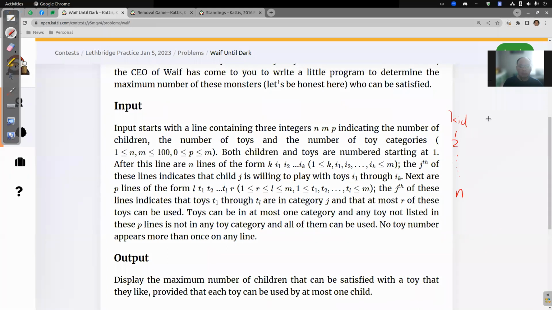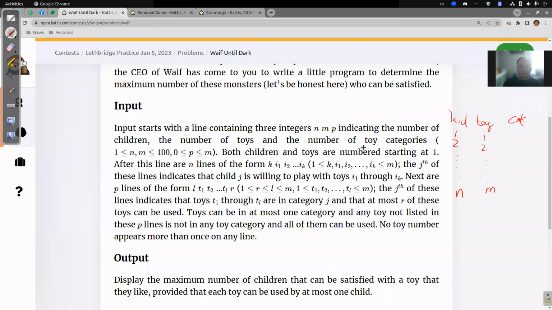And then you have some toys, numbered 1 up to m, again at most 100 of them. And then there's some toy categories. Each category will contain a certain number of toys. Some toys might not be in any category at all.